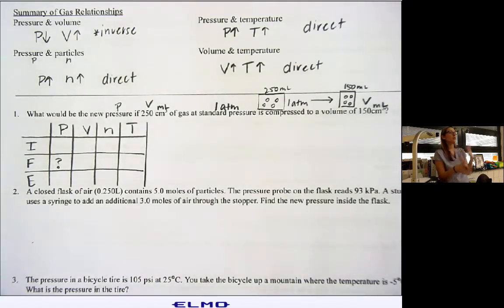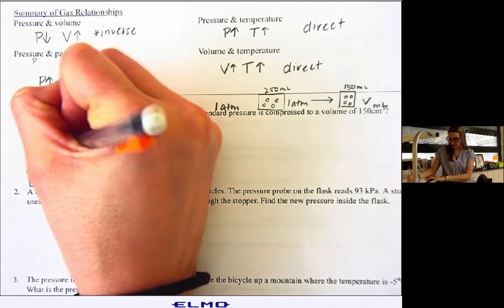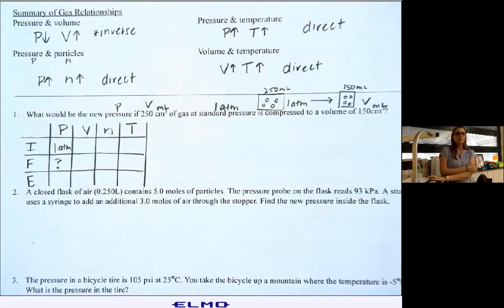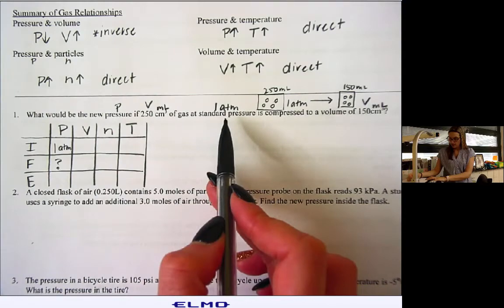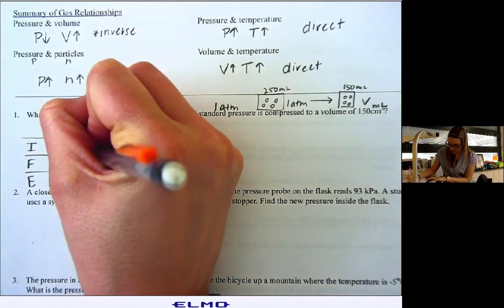So if I'm making the volume smaller, it wants to know what's the actual value of pressure. So now we're not just looking at, oh, it's going to go up or it's going to go down. We want to put an actual number to it. So I'm going to fill this in now. My initial pressure of this gas is 1 atm. And that gas is in a 250 milliliter container.